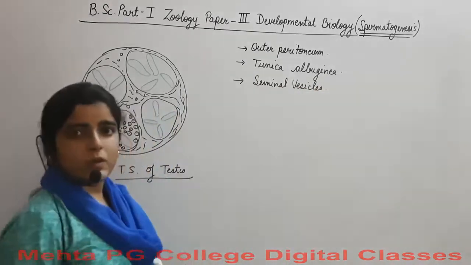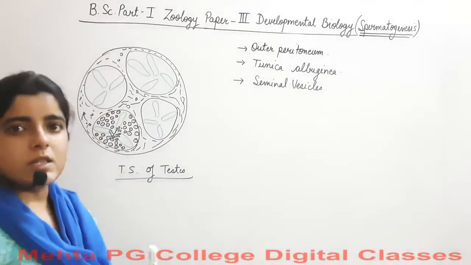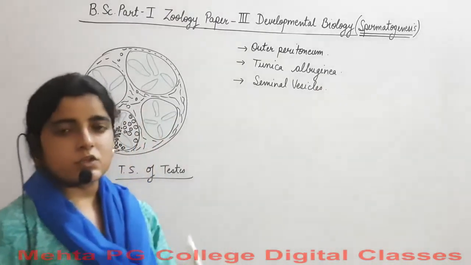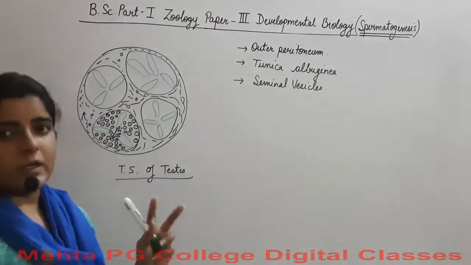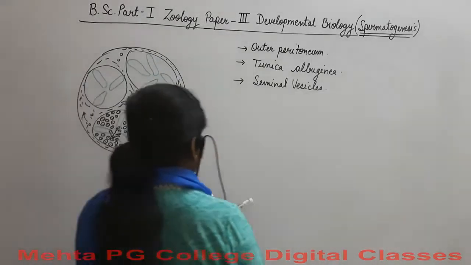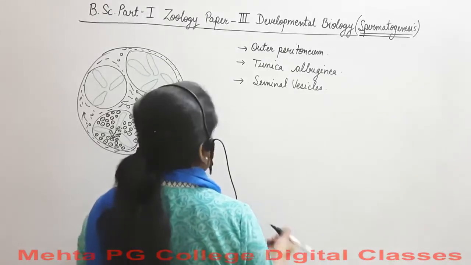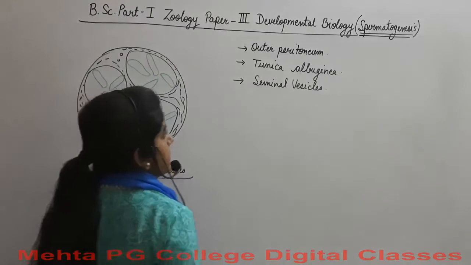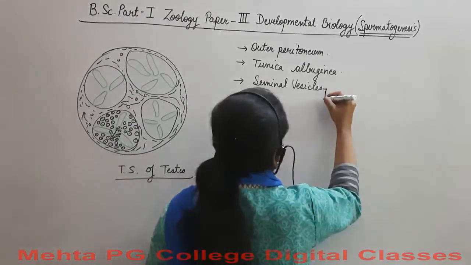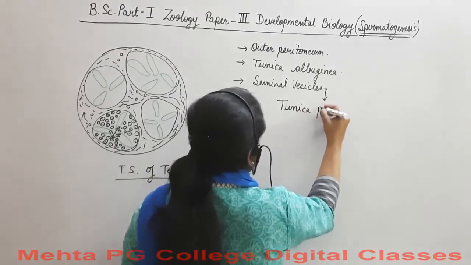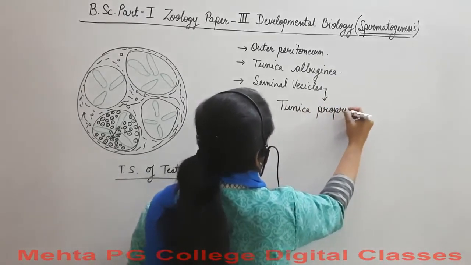In these seminal vesicle structures, two different types of structures are present. These seminal vesicles are surrounded by a layer called tunica propria.